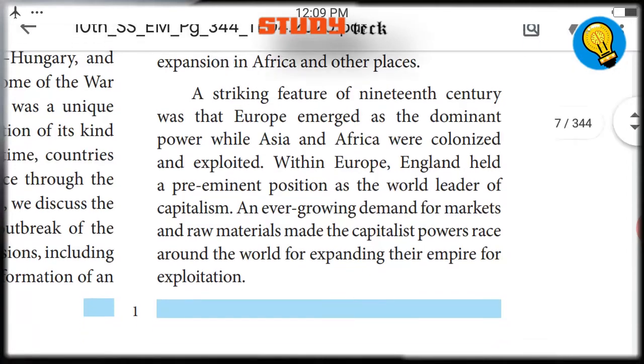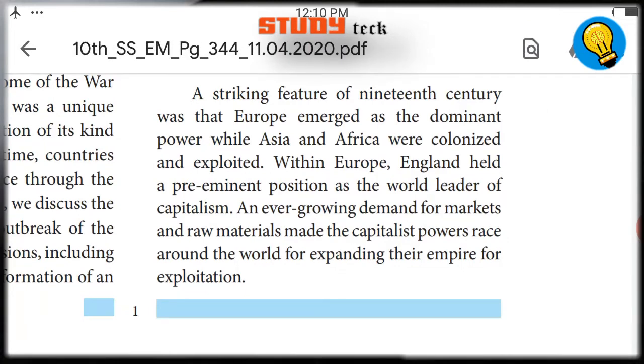Within Europe, England held a pre-eminent position as the world leader of capitalism. The ever-growing demand for markets and raw materials made the capitalist powers race around the world to expand their empires for exploitation.